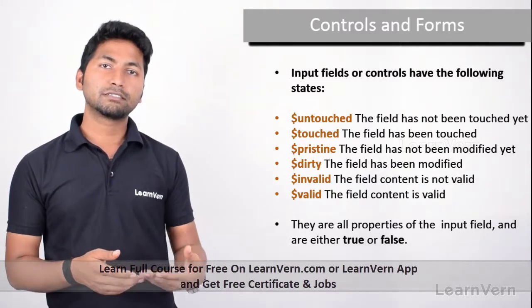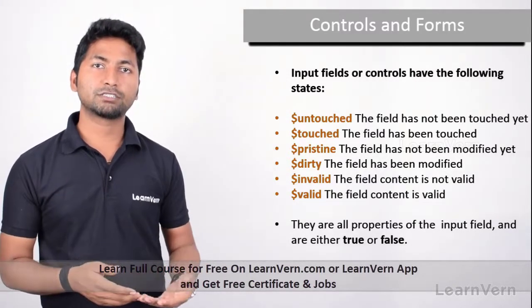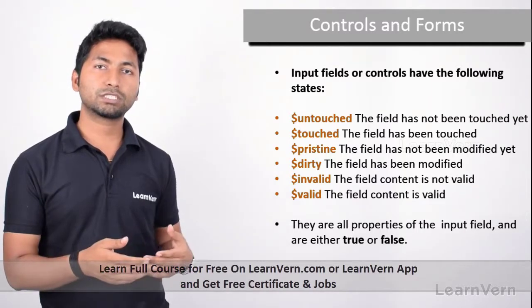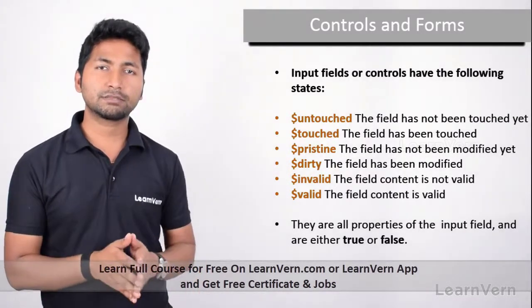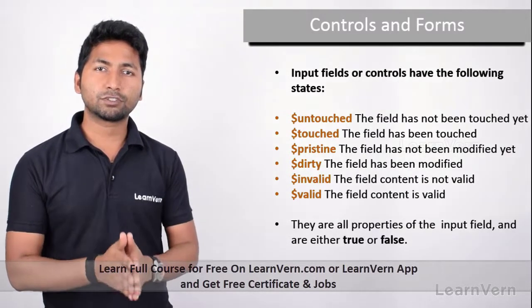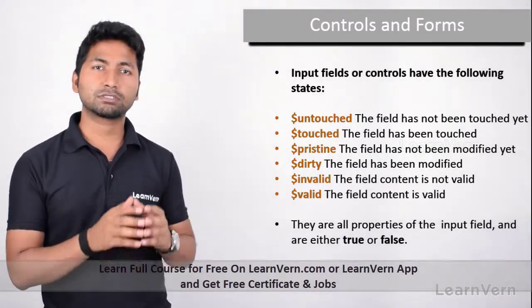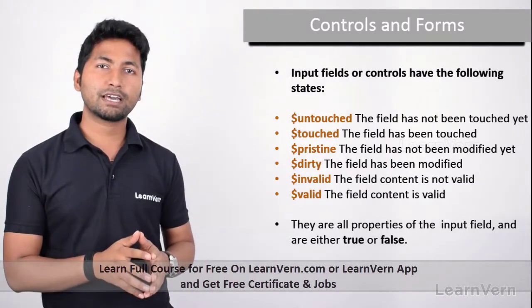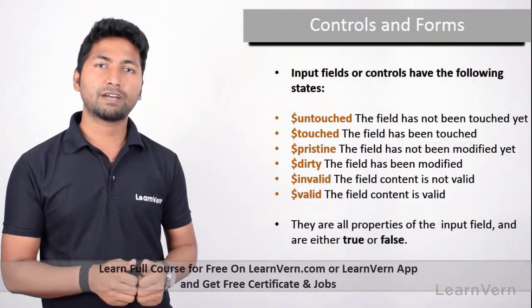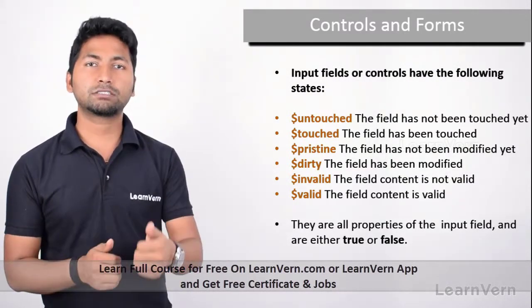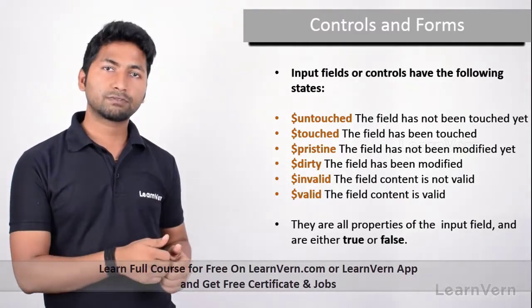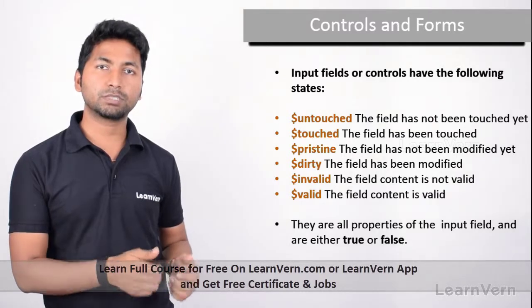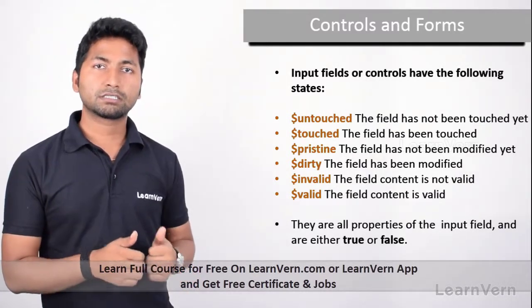Similar to that, we have $valid and $invalid. So what does $valid mean? Suppose in my text box I have written something, and that's a valid value for that particular text box. In that case, if I have written the proper value for that text box, $valid will show me the true value, meaning it's fine.